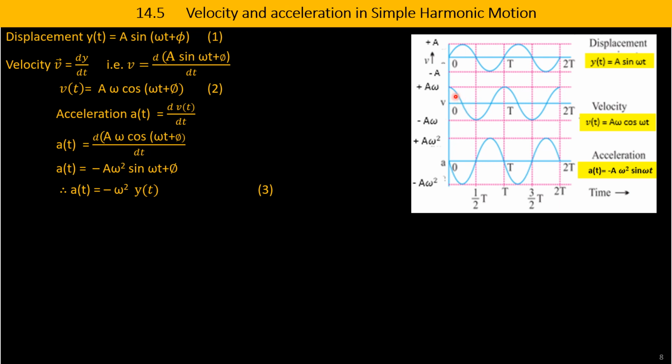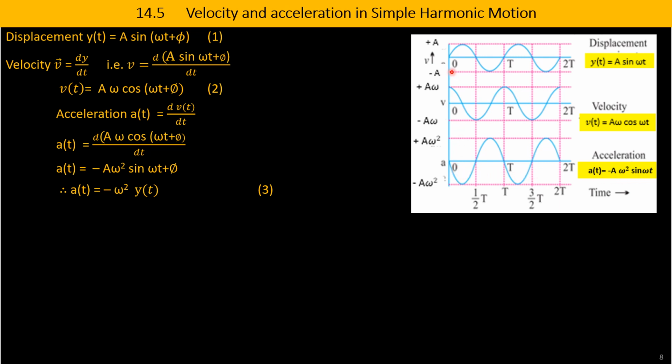Hence, the maximum amplitude is plus A omega and the minimum is 0, and it fluctuates between plus A omega and minus A omega, and the plot is shown here. And the acceleration is given by a of t is equal to minus A omega square sine omega t, that is from equation 3. The plot is shown here.